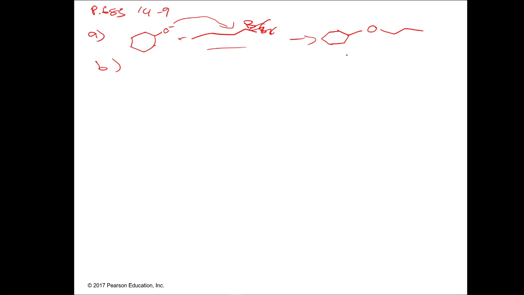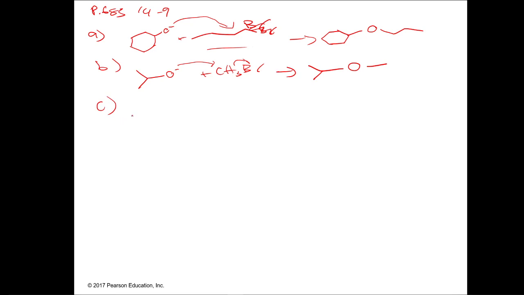Isopropyl methyl ether. So ether, methyl on one side, isopropyl on the other side. So you always want the more hindered part to be the alkoxide.